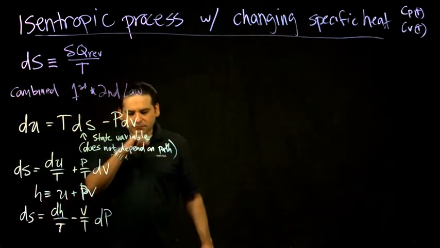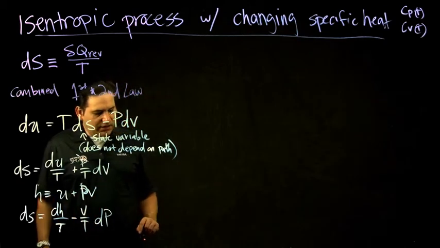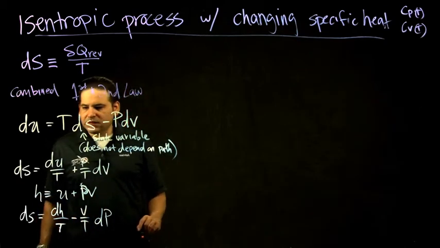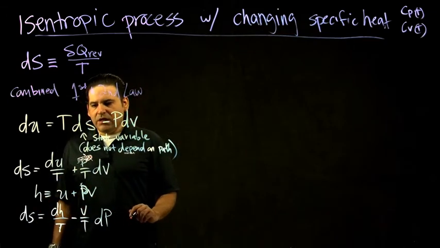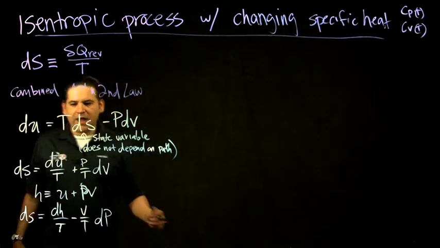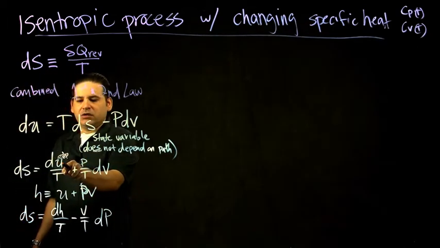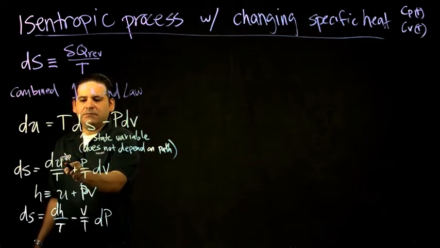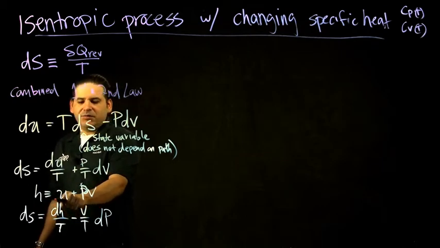So then what we can do, by doing this integration, we can remember two things. That for any process, this change in internal energy can be related to the specific heat CV. This change in enthalpy for any process can be related to specific heat CP.